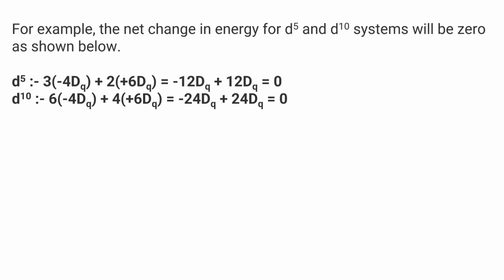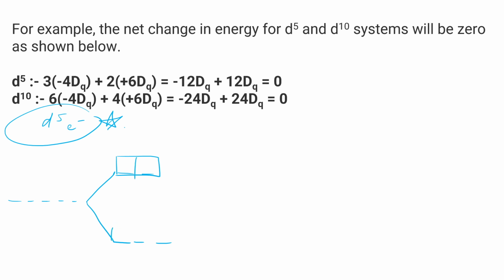For example, the net change in energy for d5. Let's say you have a complex having d5 electrons. Fill the electrons in the split energy levels, in an octahedral complex. The splitting pattern will be Eg and T2g. 5 electrons: 1, 2, 3, 4, 5.